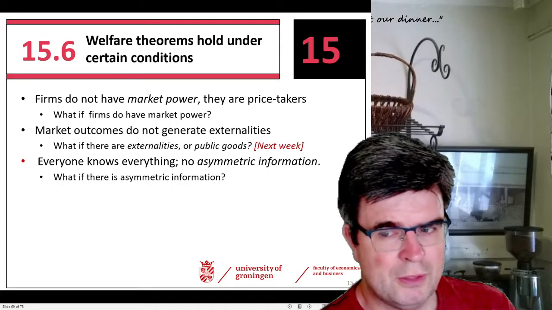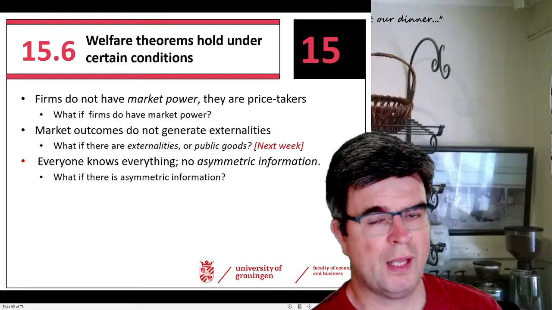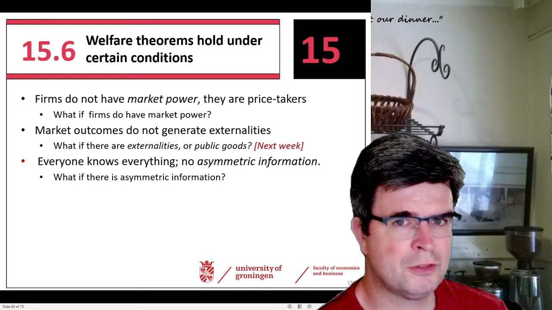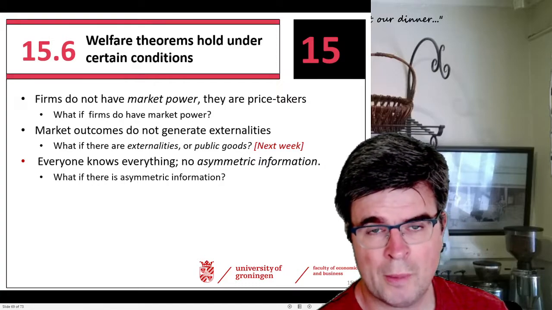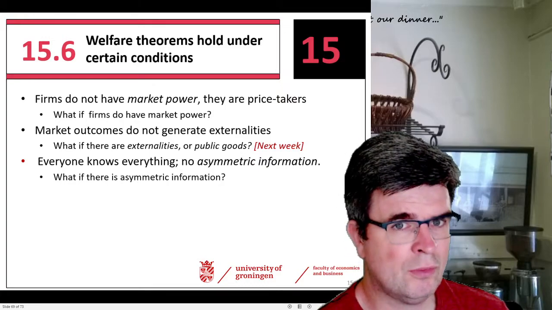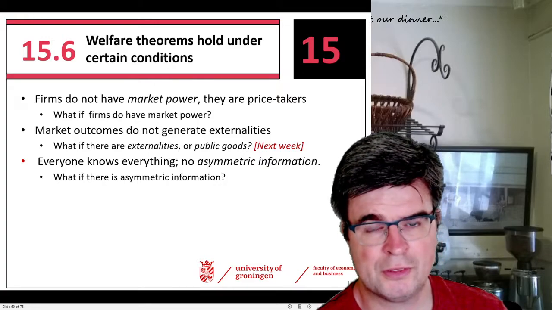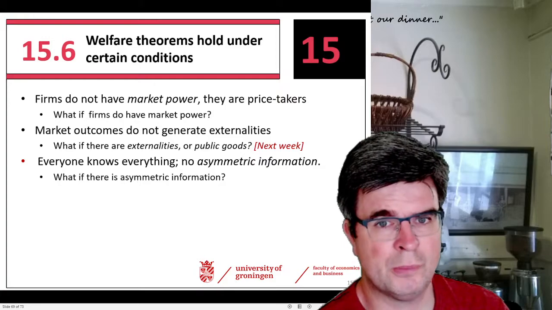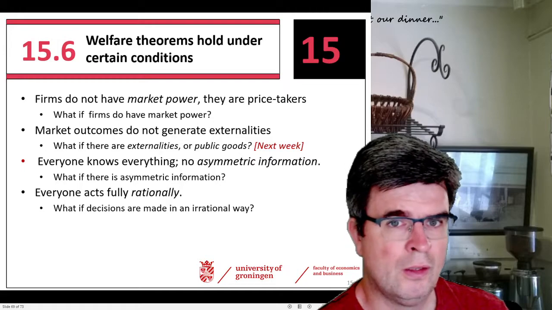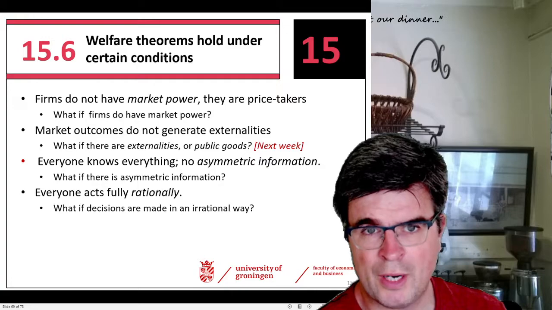Other thing that we assume is that everyone knows everything. There's no asymmetric information. But in many cases in life, there's asymmetric information. So sellers may know more about the product that they want to sell than potential buyers. And also buyers may have much better information about their preferences than sellers have. So far, we assume that there's no asymmetry in information. Fourth condition is that we assume that everyone acts fully rationally.